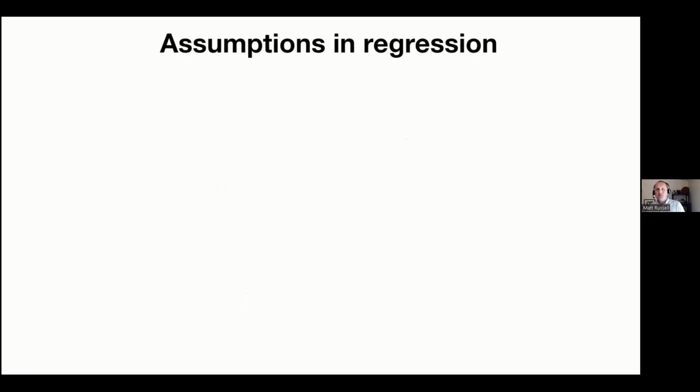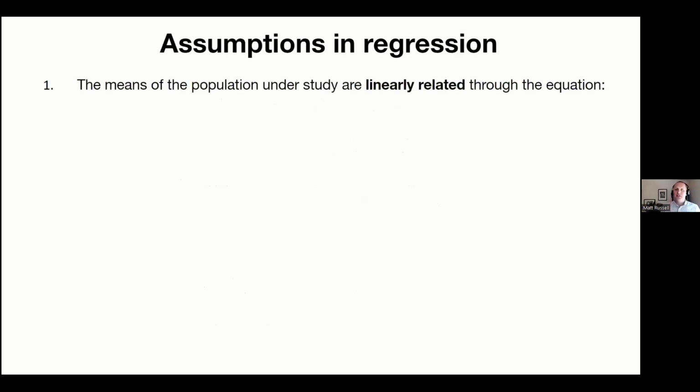And so some of the assumptions in regression, I'll just go through these quickly, but I will say that it's important to understand some of the limitations and the assumptions of anything you're doing in regression. In regression, the means of our population are linearly related. And so that's why we're doing linear regression.